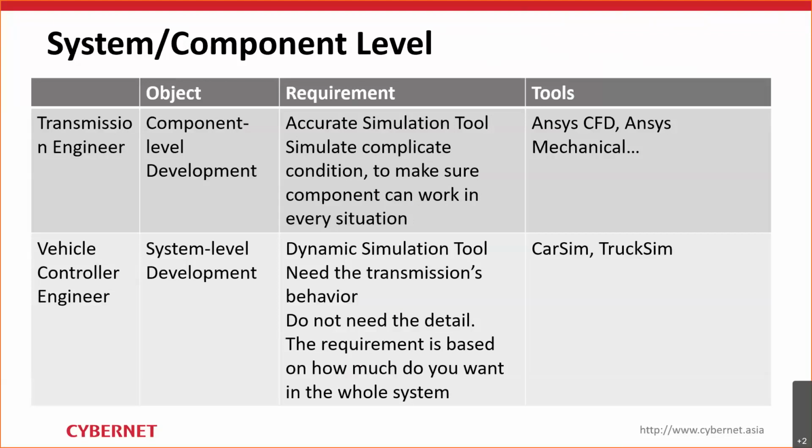The tools for system-level design need to have the whole dynamic plant model. The behavior of the target is much more important than the details. Simulation tools like CarSim and TruckSim are suggested. We can find that we select different simulation tools because the requirements are different.